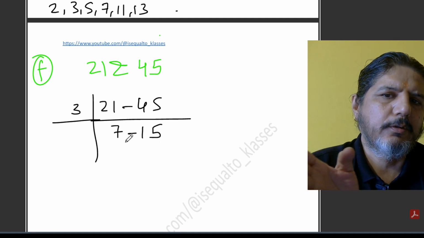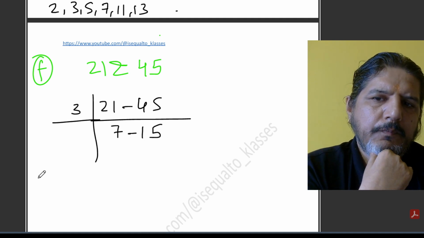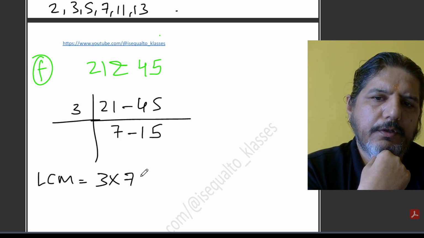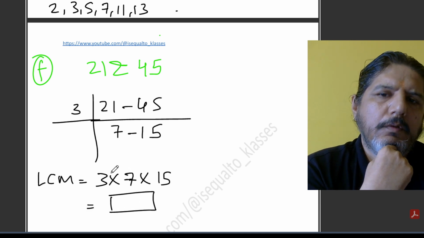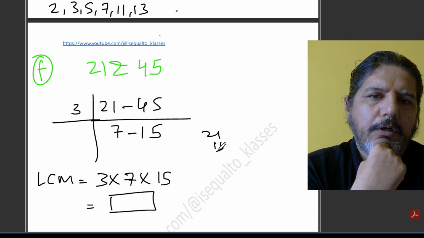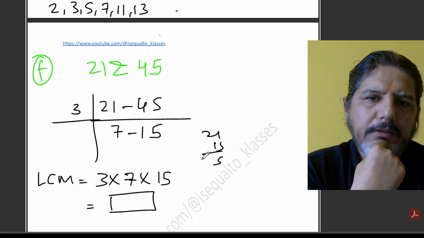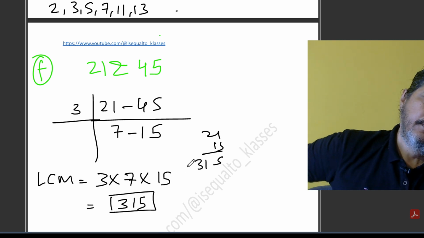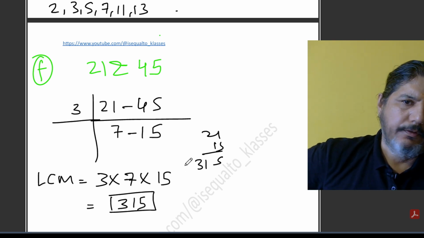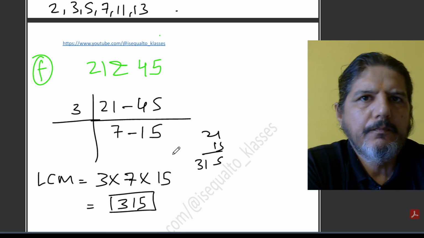Now, is there a common factor of 7 and 15? No, there is none. So the LCM would be 3 into 7 into 15. So you find the number and that is the answer. 7 3s are 21, 15 1s are 15, 15 2s are 30, 315 is the answer.